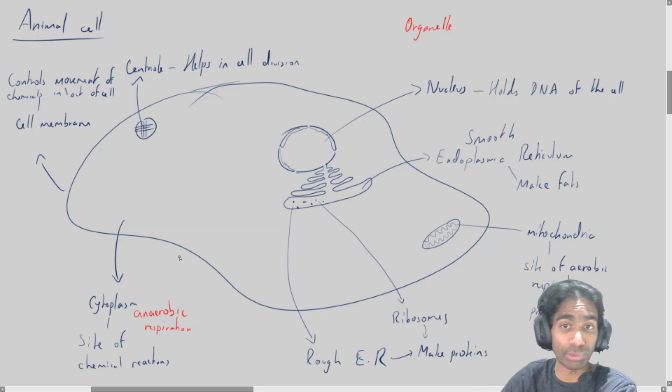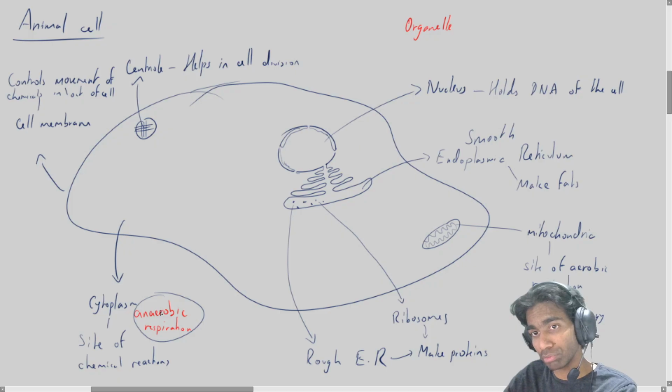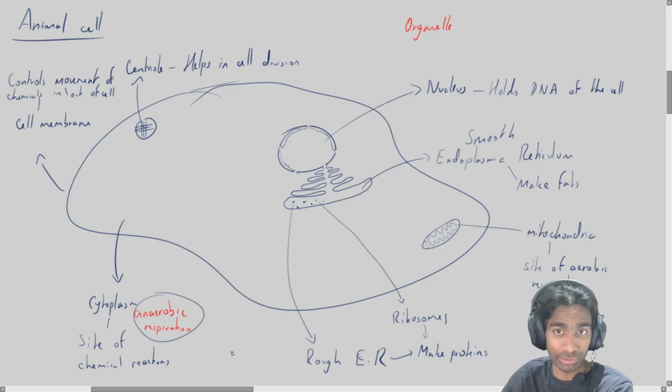Typically, it's more preferable for complicated organisms to perform aerobic respiration rather than anaerobic respiration. The only reason why something might be doing anaerobic respiration is because there's either not enough oxygen or because the organism is simple enough, like a bacteria, to be performing anaerobic respiration, right? Okay, but these are the main points. And again, I've only drawn ribosomes over here, but they can be sprawled out throughout the cell, like this.